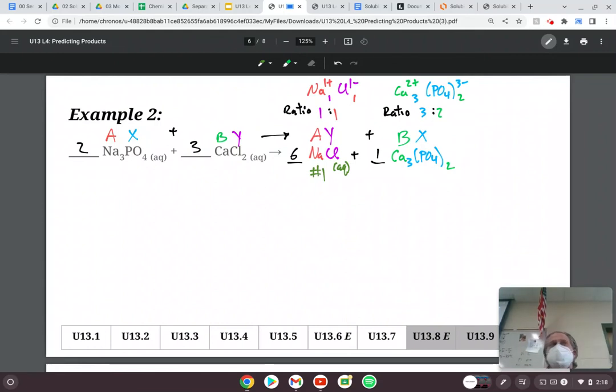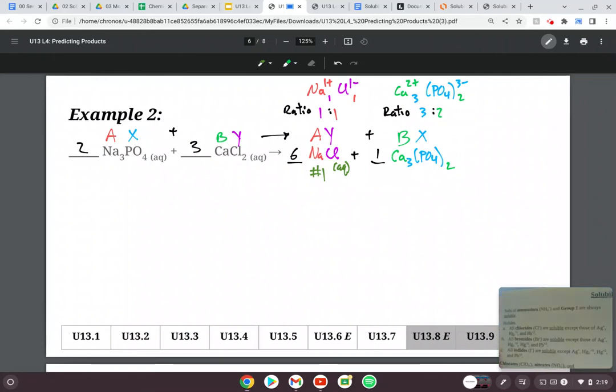So now that I know the state of matter of NaCl, I can now focus in on the state of matter of Ca3PO4. And I'm going to start back at rule number 1, which says salts of ammonium and group 1 metals are always soluble. And in this case, a group 1 metal would be sodium, lithium, potassium, rubidium, cesium, francium, and none of those are present.